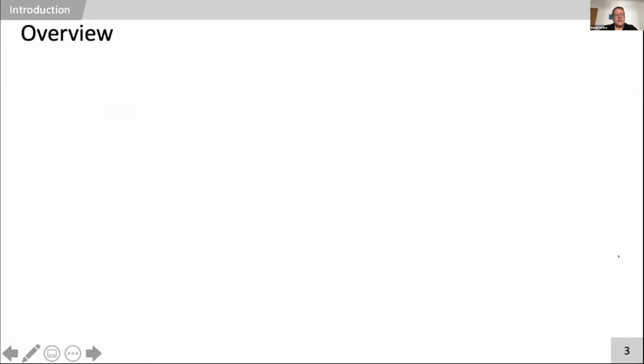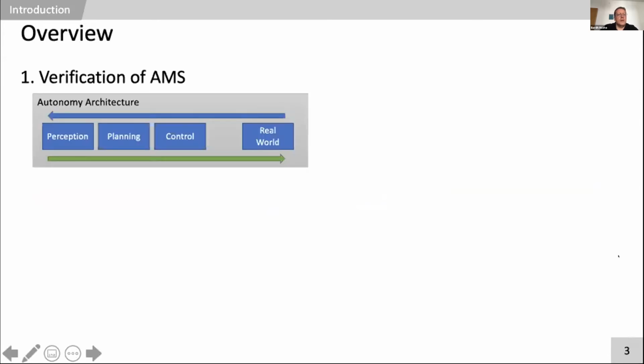Okay, so let's present an overview of this talk. We're going to look at three areas. The first is the verification of autonomous mobile systems. These are a specific subset of cyber-physical systems that are characterized as autonomous and mobile.